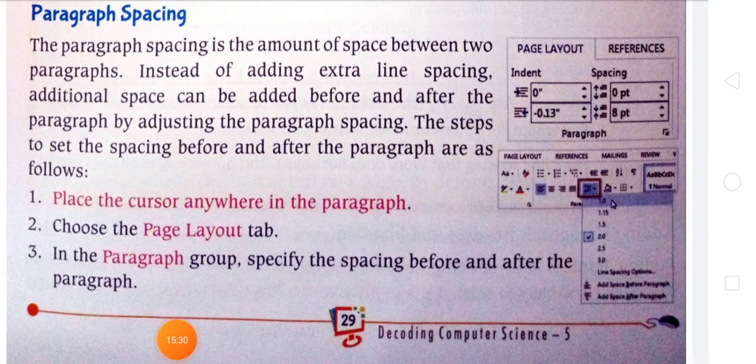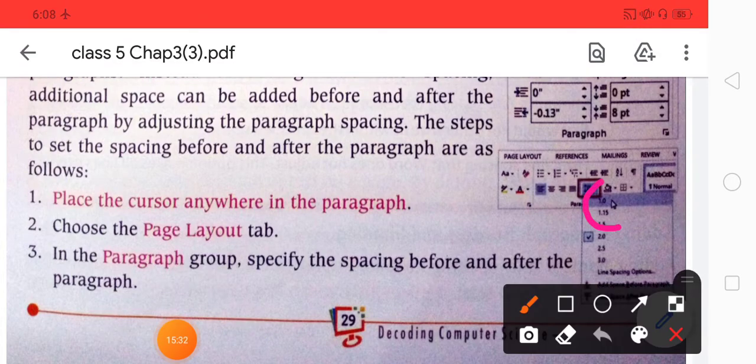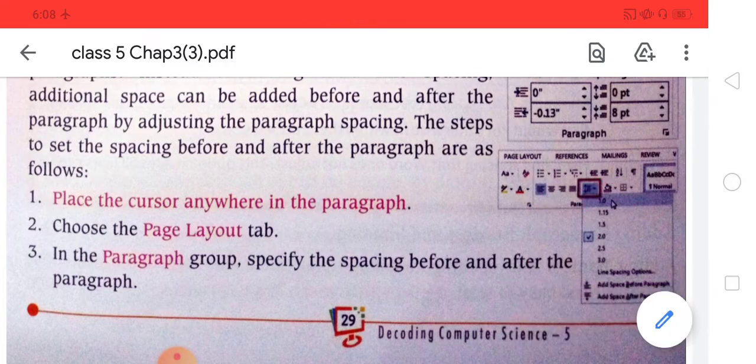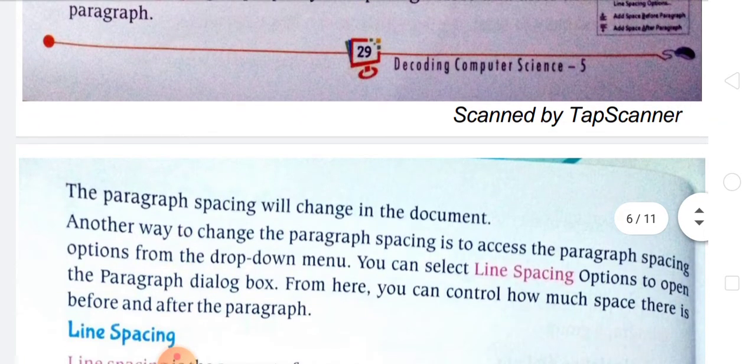This small dialog box launcher, you can see here, you can also choose to give the paragraph spacing. You can select the line spacing option to open the paragraph dialog box, and after that you put in how much space there should be before and after the paragraph.